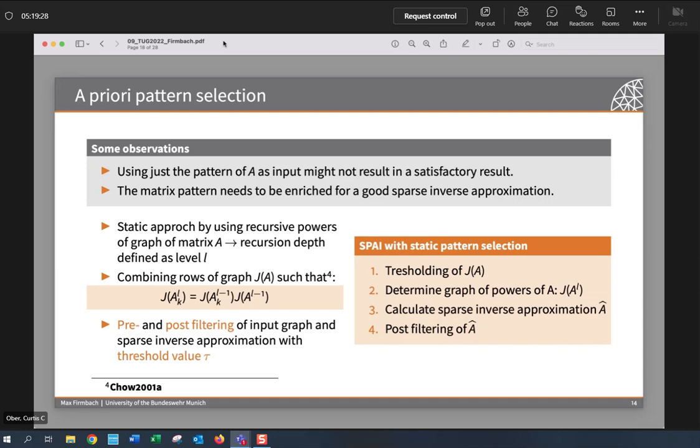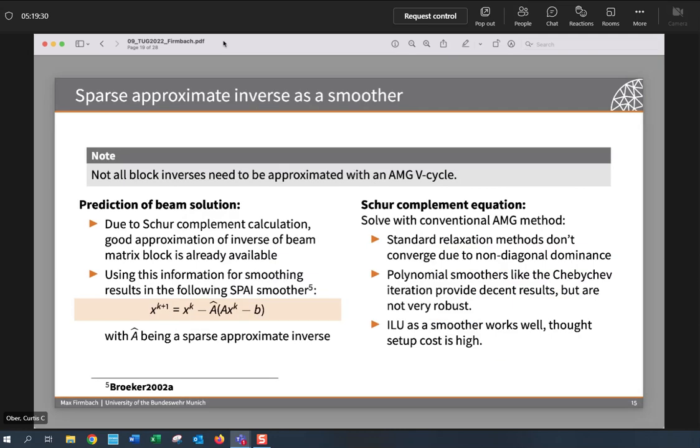And what we end up with on the next slide is that we put quite a computational effort into getting the sparse approximate inverse, which basically is a really good approximation of the inverse of one of our matrix blocks. And if you remember block preconditioning methods, at some point you have to solve for the A block equation.